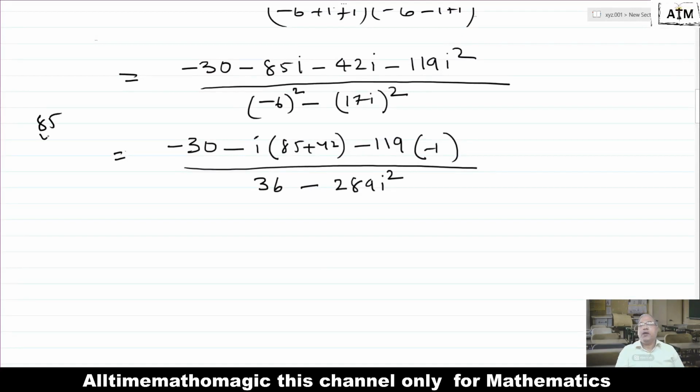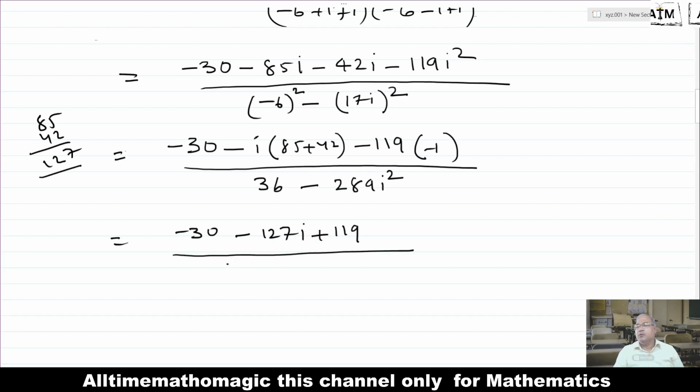Now 85 and 42 is 127. So minus 30 minus 127i plus 119 upon 36 minus 289 multiplied by minus 1.